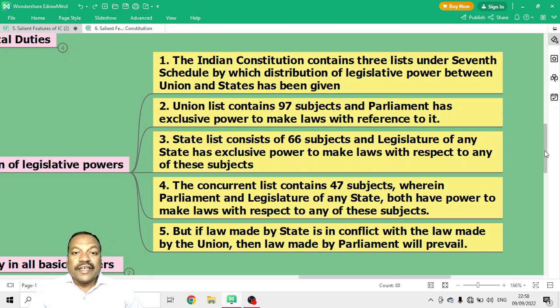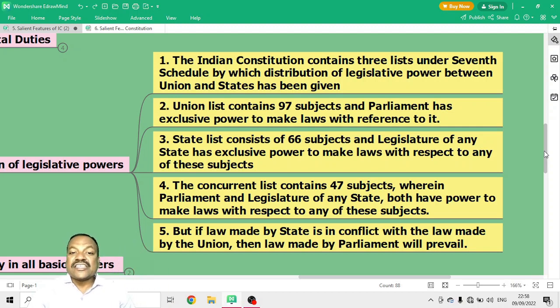So, the Indian Constitution contains three lists under the 7th Schedule by which distribution of legislative power between union and state has been given. The first one is the union list, which contains 97 subjects, and Parliament has exclusive power to make laws with reference to these.